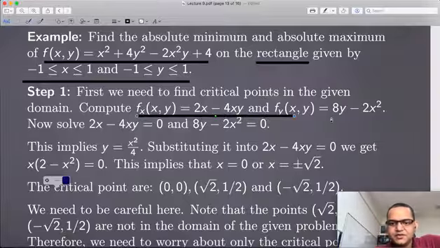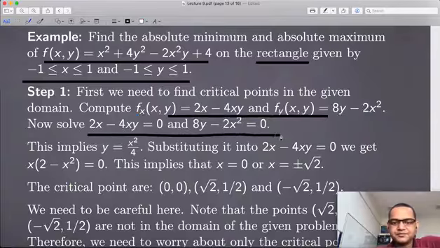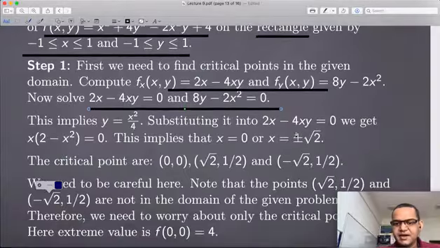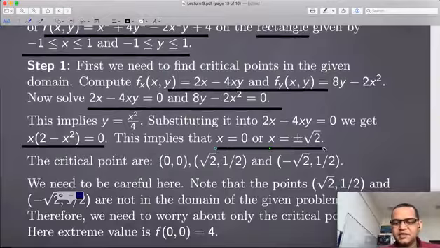This computation gives me these two equations when I set them to 0. As in the previous case, from the first one you can substitute y equals x squared by 4 in this equation, and you precisely get this. The solution gives three possibilities for x: x is either 0 or x squared equals 2, which is plus or minus square root of 2.